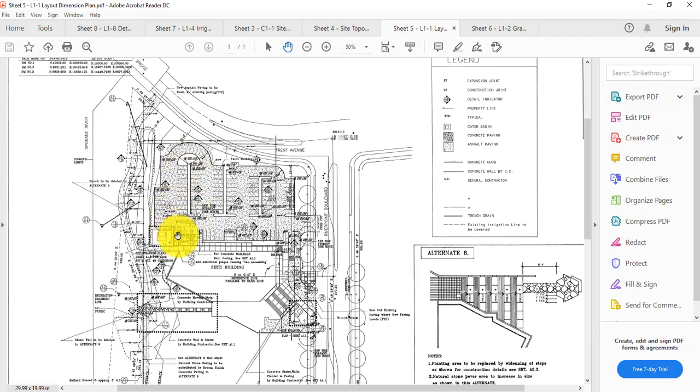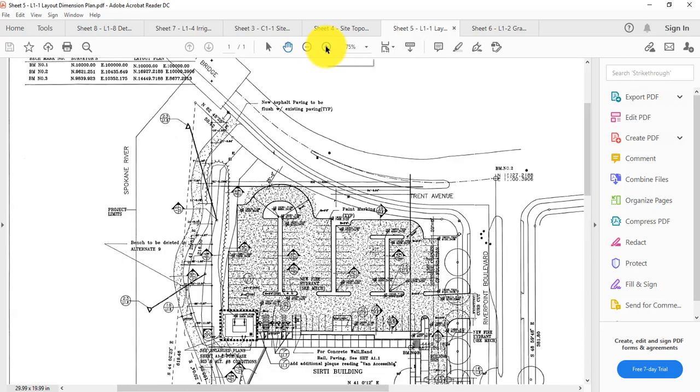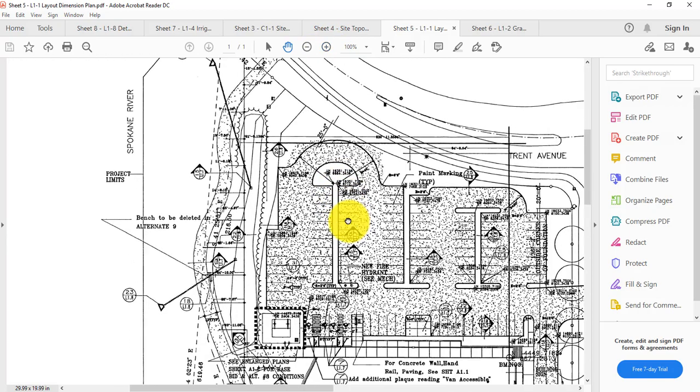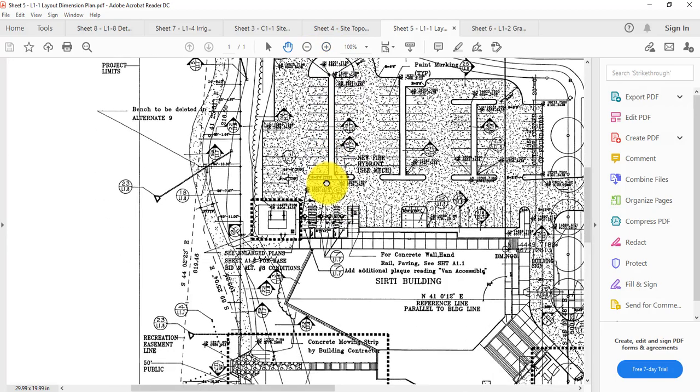Take a look at this typical parking space dimension. Some of this is hard to see, but you have to get close to it. You have the drawings, so you might be able to see it clearer. There's the parking dimensions right there.